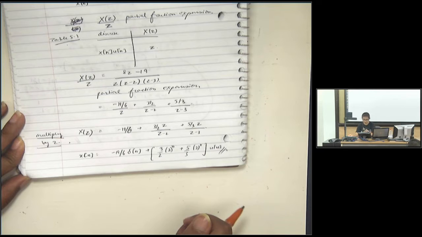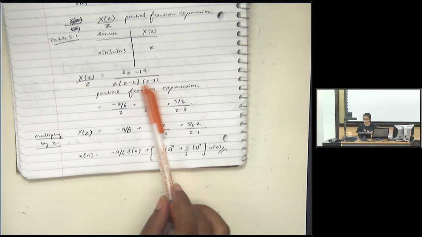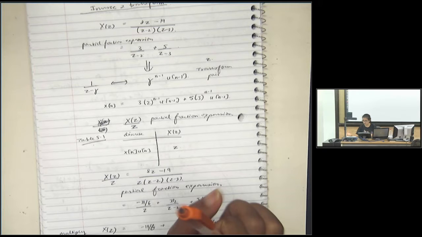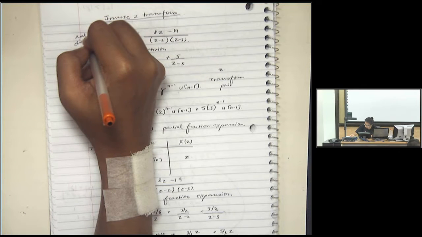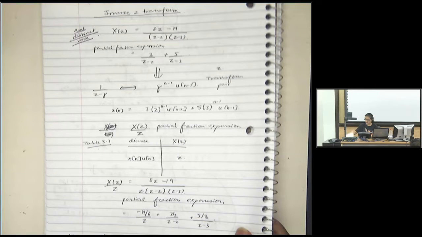All right. Okay, so in this case, what sort of roots do we have? Are they real, distinct? So this is the case of real, distinct roots. Similarly, like in Laplace, we can have repeated roots and complex roots as well.